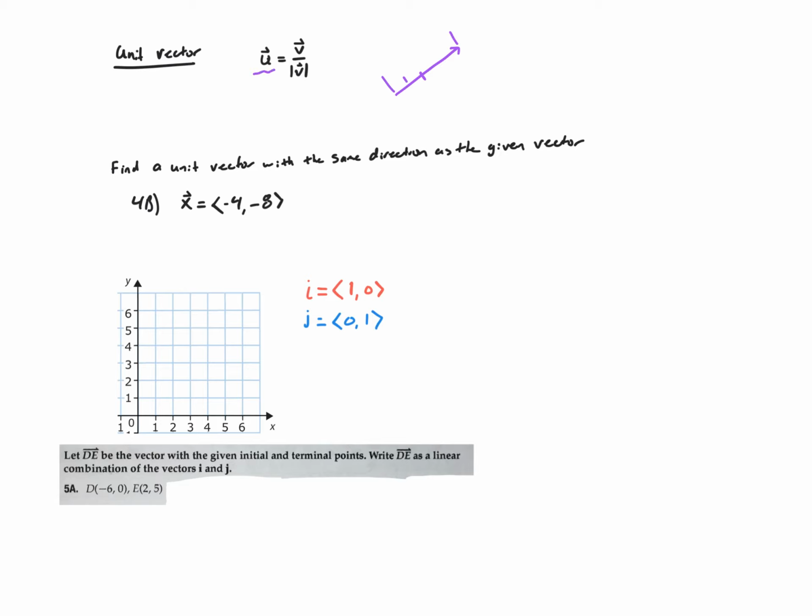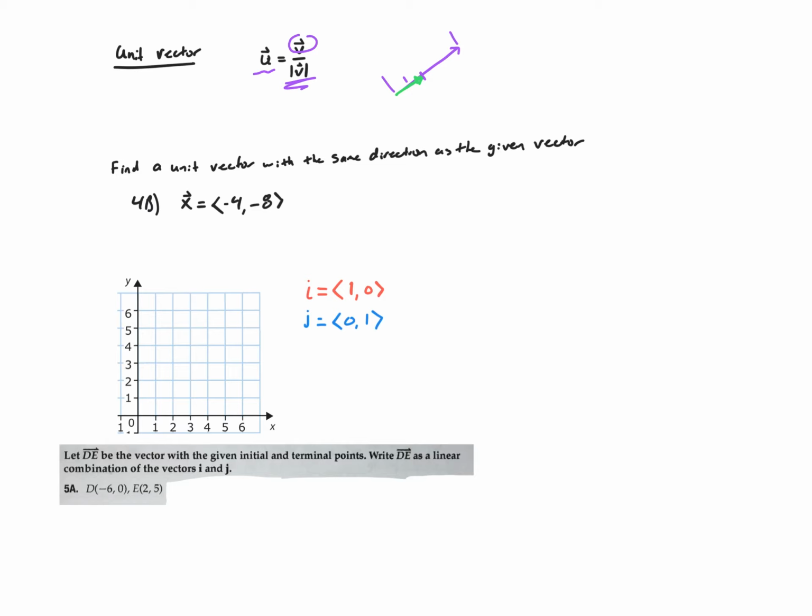So the unit vector is just the vector divided by its magnitude. It's helpful to define them, or we say it's a unit vector going in the same direction, right? So the unit vector going in the same direction as this purple one would be this green one that's just 1 unit in length.